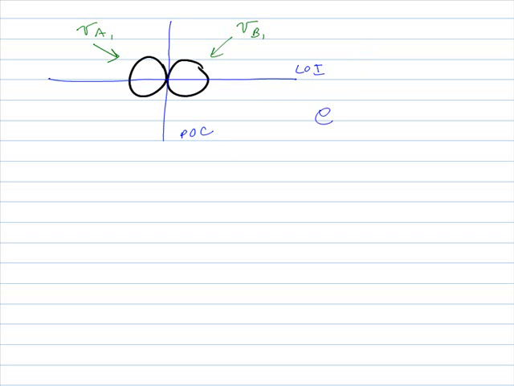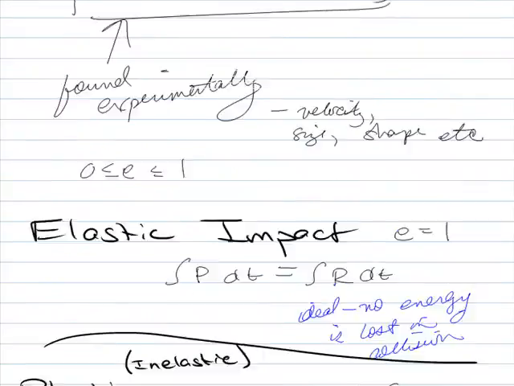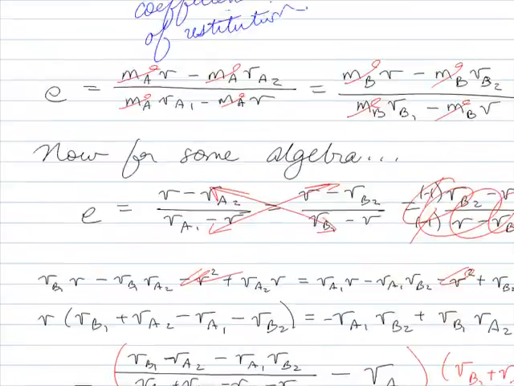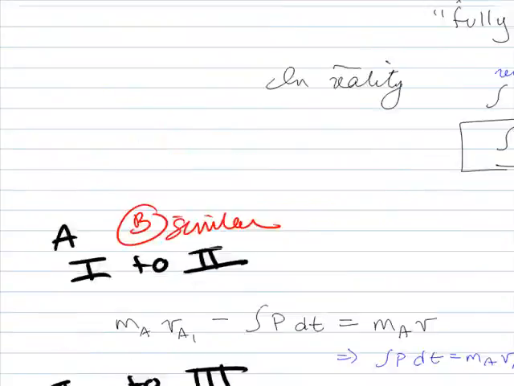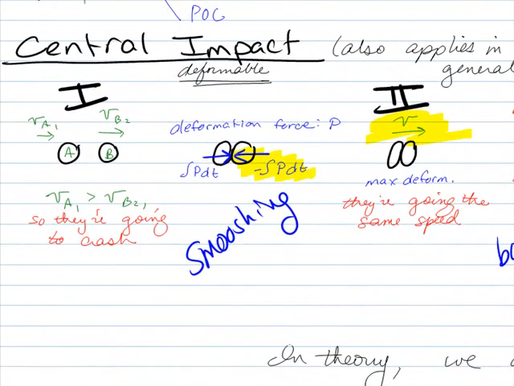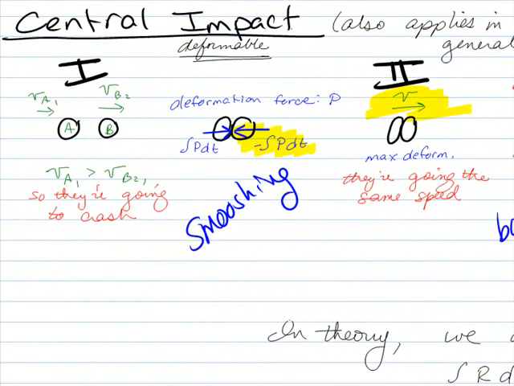Remember whenever we actually defined E, way up here, what did we assume? That was a really long time ago. We were doing a central impact, so they were all going in a line, hitting each other precisely in line. We drew VA and VB straight, right in a line, instead of drawing them all cattywampus.